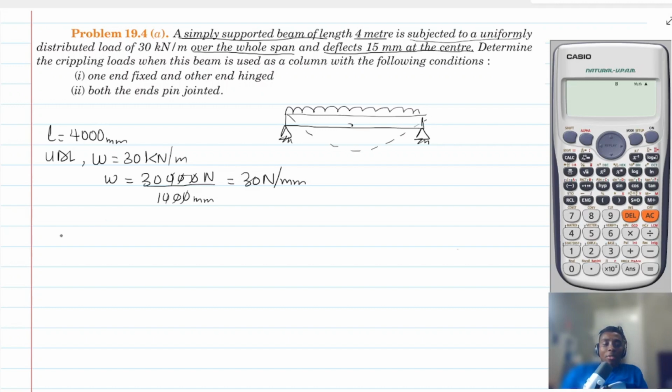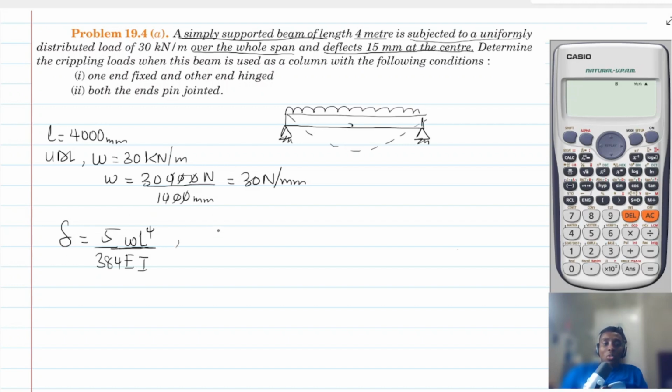The formula for the deflection is 5 over 384 WL to the power 4, divided by EI. So this is the formula for the deflection.